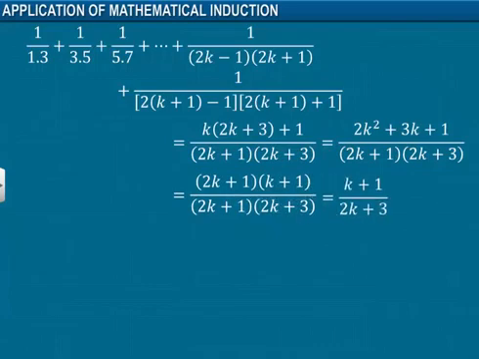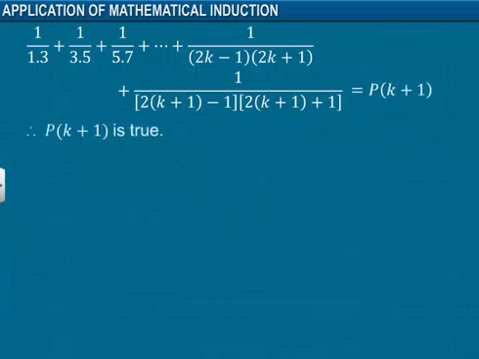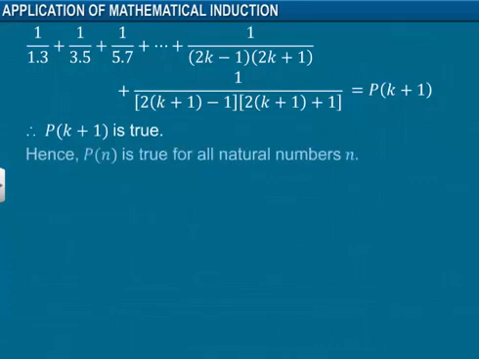The denominator can also be written as 2 times k plus 1 plus 1. This is equal to P of k plus 1. Therefore, P of k plus 1 is true. Hence, the given statement is true for all natural numbers n.